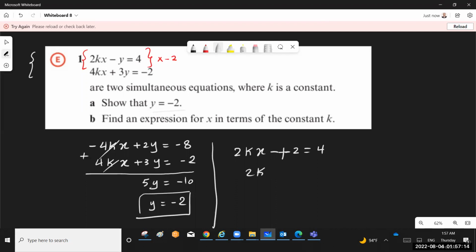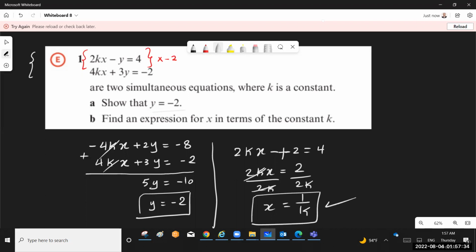So 2kx is equal to 4 minus 2, which is 2. I want to find the expression for x in terms of k, so divide by 2k each side. So I have x is equal to 1 over k. And this is the value of x in terms of k.